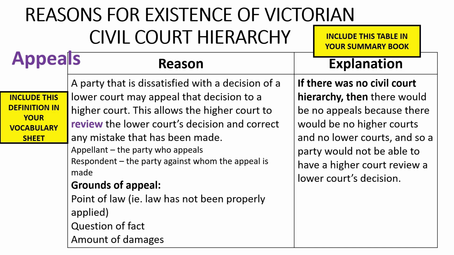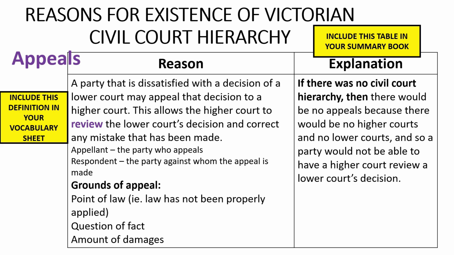The plaintiff would appeal if it felt that the damages were too low. On the other hand, the defendant would appeal if it felt that the damages were too high.